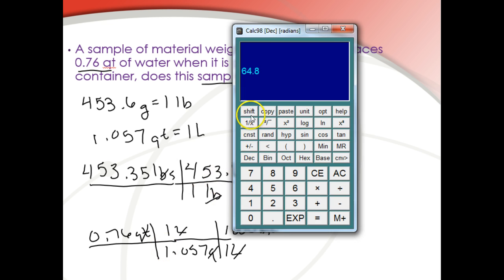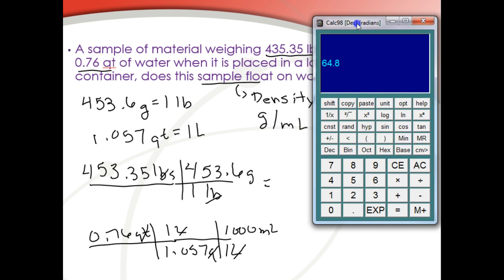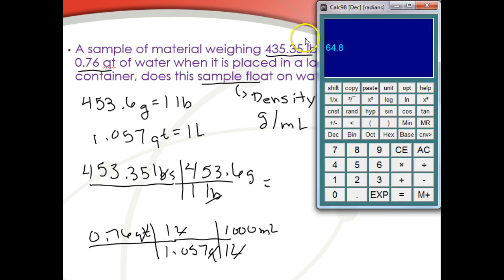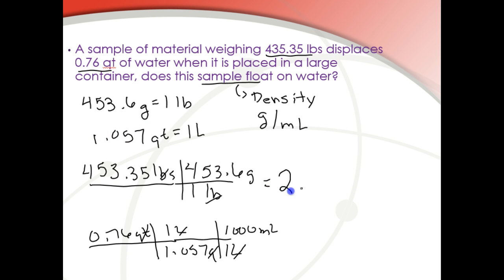I can bring up my handy calculator over here. It's a lot like the one that we use. I couldn't find an emulator for the exact one we use, but we can do this. So 453.35 times 453.6 gives me 205,639 grams.